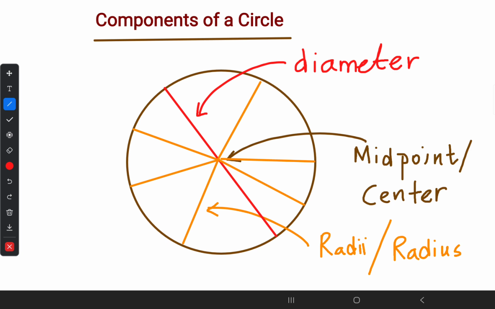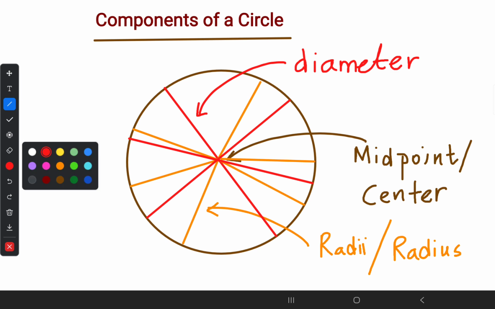The condition should be from the circle, through the midpoint, towards the opposite end of the circle. Likewise, we can draw several radii and several diameters.